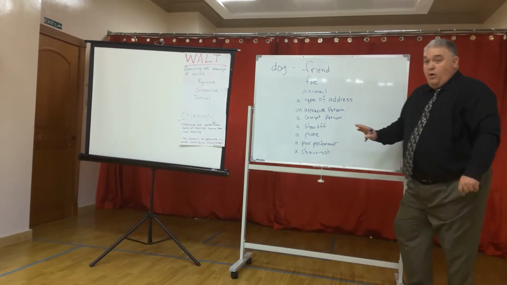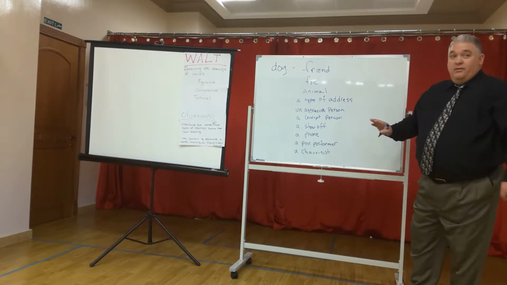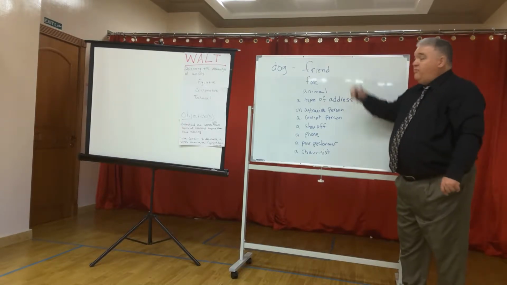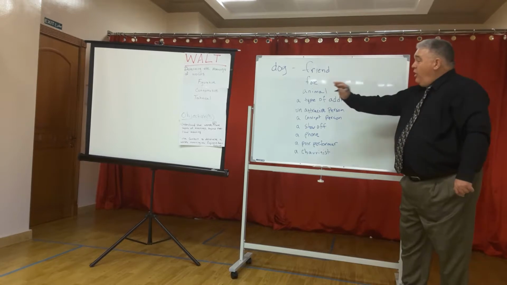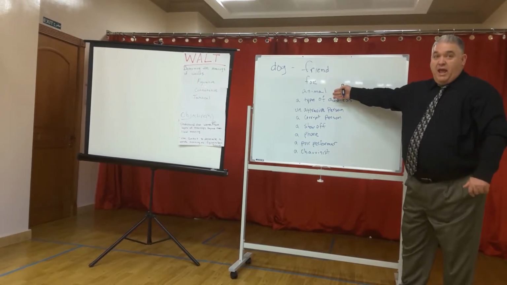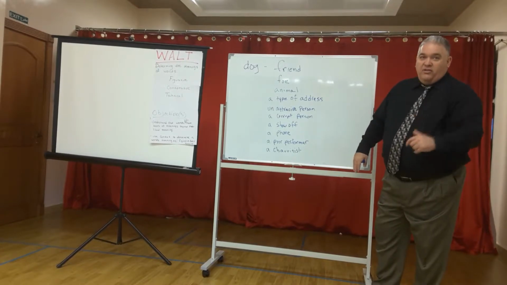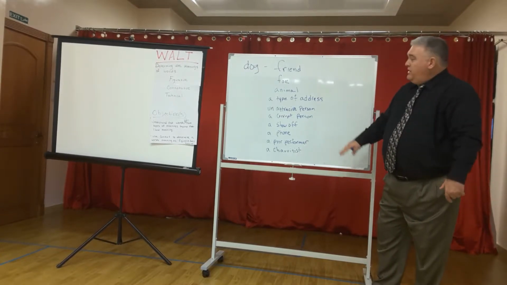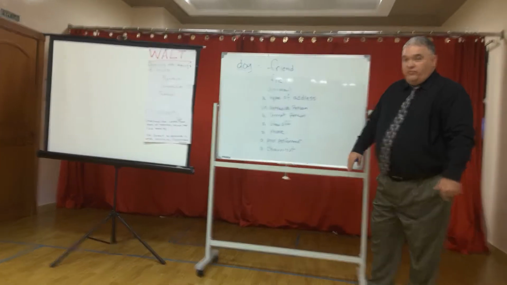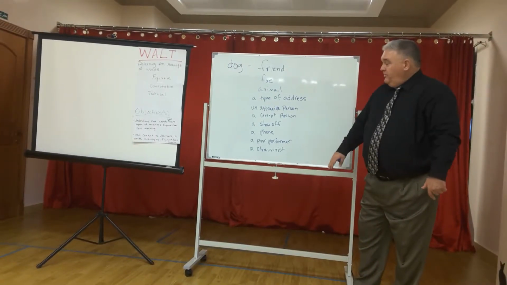Okay, so what we've come up with is a pretty good list. So we have the word dog. It can mean a friend. It can mean a foe. Of course, the literal meaning, animal. A type of address for somebody: hey dog, instead of Mr., it's hey dog, my dog. An unattractive person. A corrupt person.